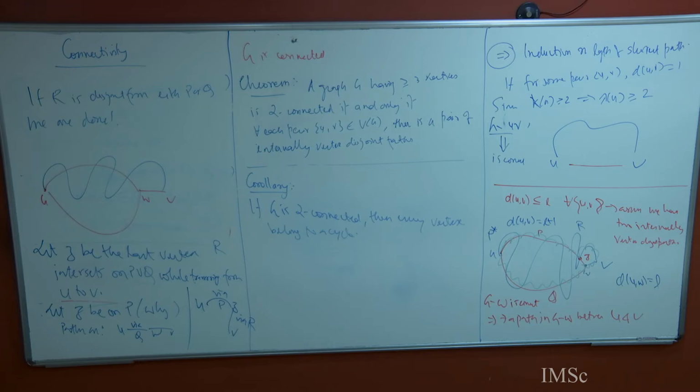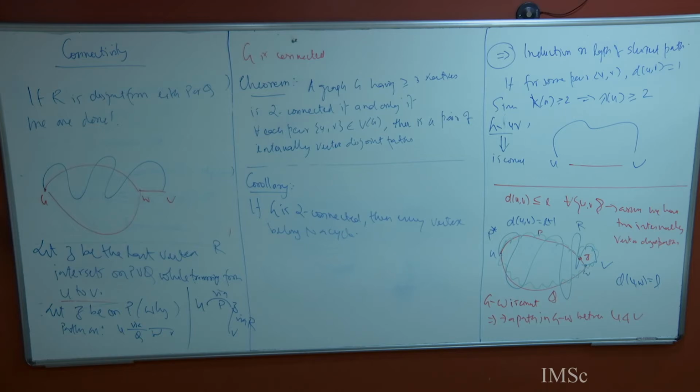So, if I ask you, what is the most basic 2 connected graph that you can think of? Cycle. The most basic 2 connected graphs are cycles, because of our corollary that every vertex lies on a cycle. So, any 2 connected graph must contain a cycle.